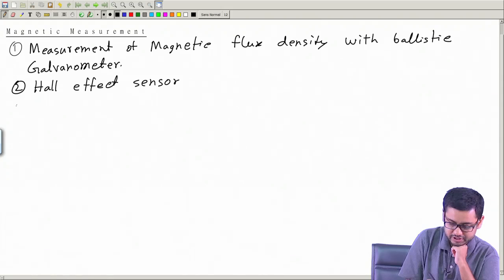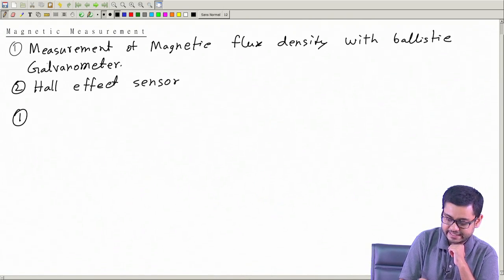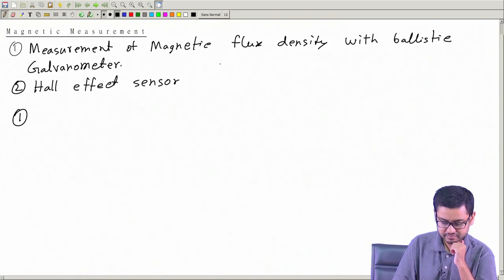So, let us start with this one, that is flux density measurement with a ballistic galvanometer.